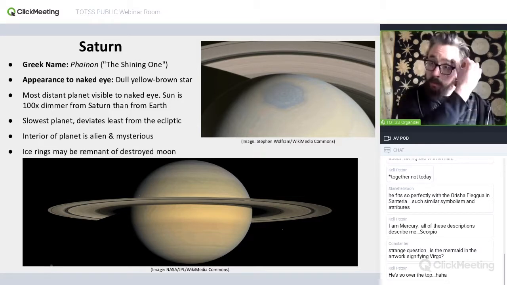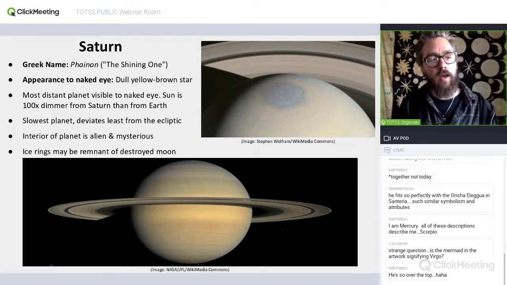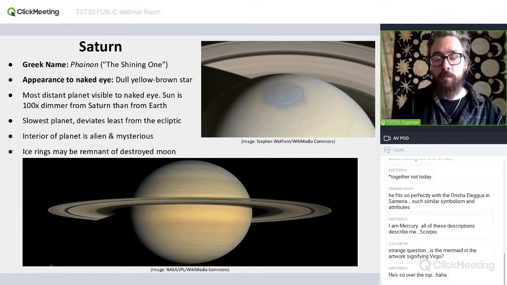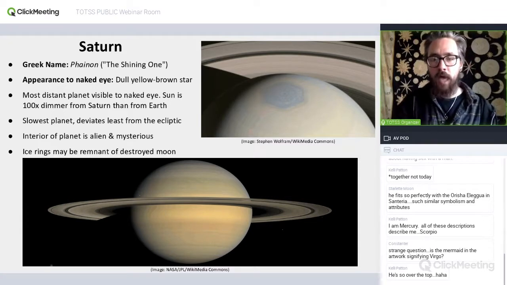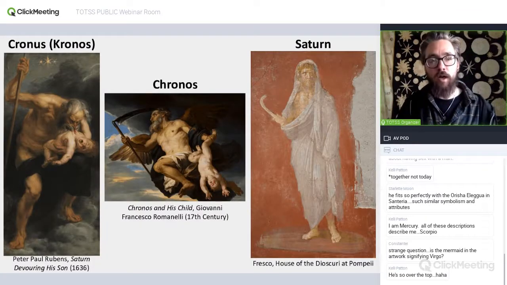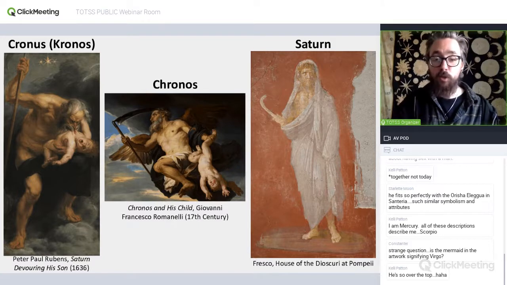And Saturn's rings, of course, are the real distinctive feature of Saturn. They are made of ice, and there's a theory that they may actually be the remnants of a moon that Saturn pulled apart with his orbit, which is very appropriate because the Greek Cronus swallowed his own children, right?